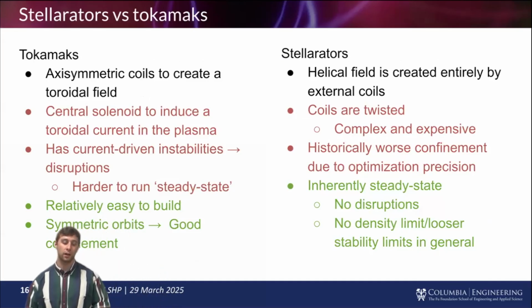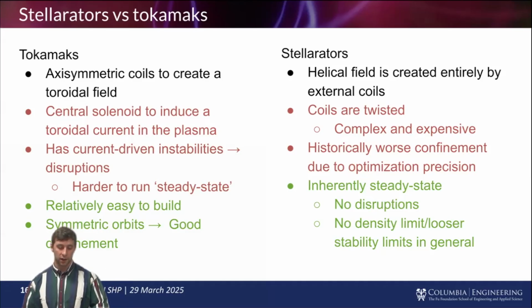So tokamaks create an axisymmetric toroidal field using a set of coils. The stellarators create a helical field, usually with modular coils nowadays, but that could be achieved with a toroidal coil set and helical coil set. So in tokamaks, this means that we use a central solenoid to induce a toroidal current in the plasma to twist the field lines.